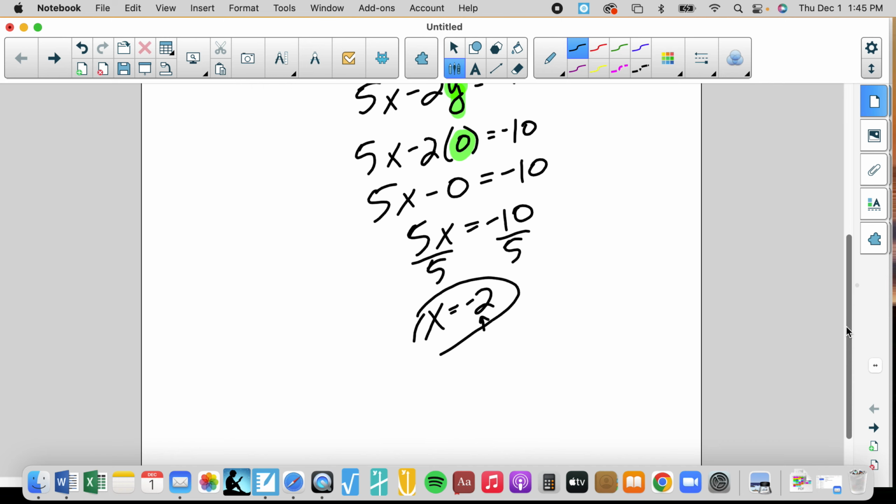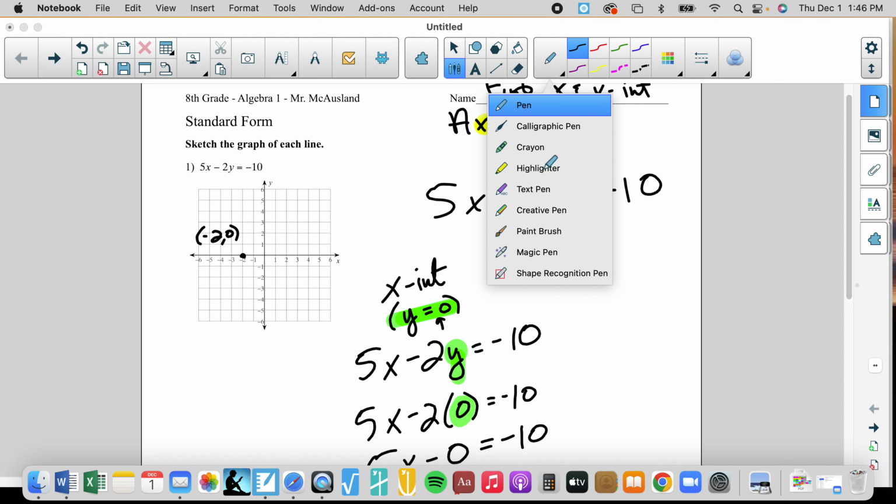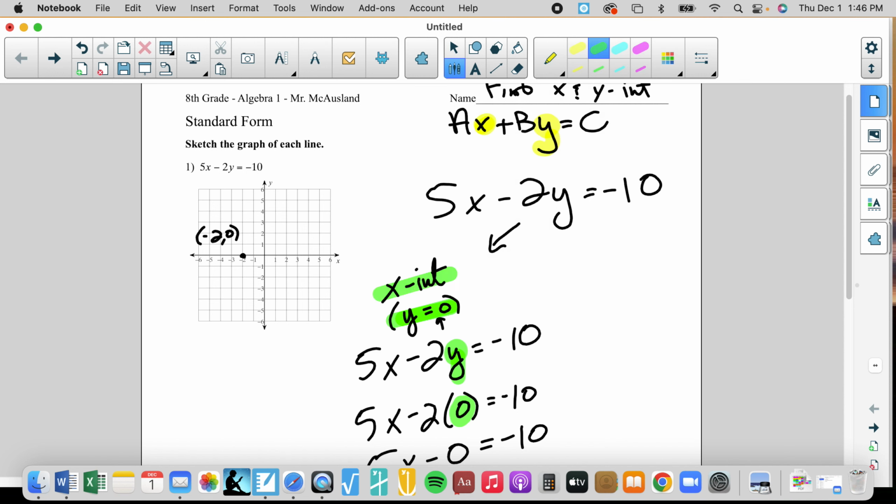So that coordinate, -2, 0, is the x-intercept. If we look at that location, -2, 0 is right here, and that is on the x-axis, hence why it's considered the x-intercept.